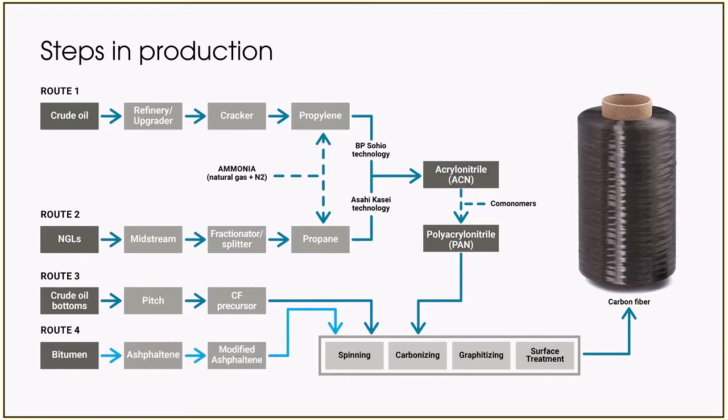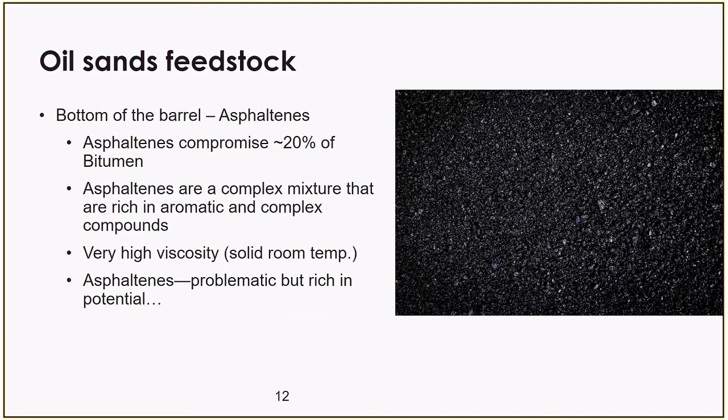We have an abundance of bitumen here in Alberta. The heaviest fraction of bitumen is asphaltenes, and I'll talk about that in more detail in the next slide. So where we have an asphaltene, we prepare that into a modified asphaltene, and we go through the same sequence here, spinning, carbonizing, graphitizing, till we get to a carbon fiber. So the interesting part here is asphaltene. So let's talk about that on the next slide.